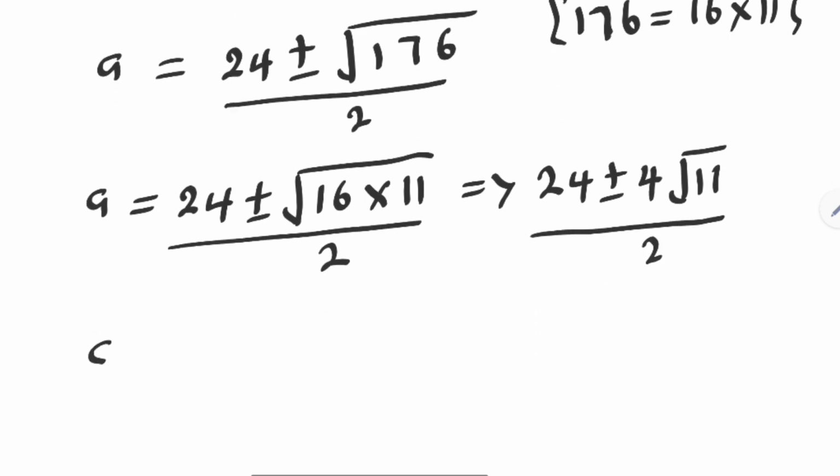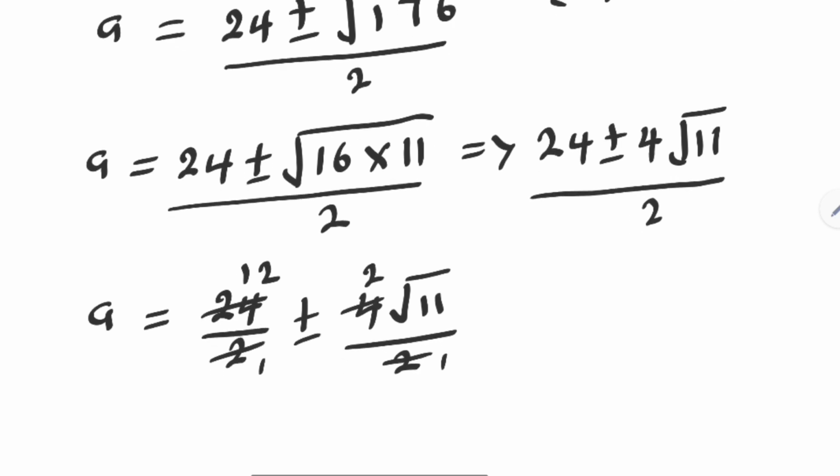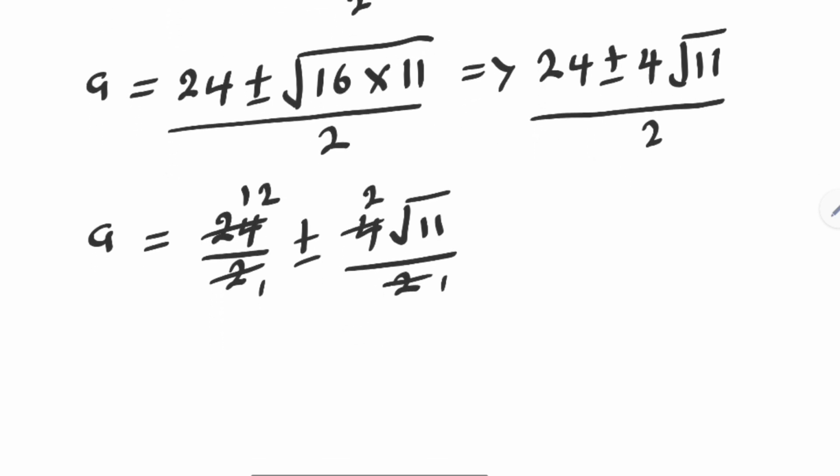A is equal to 24 divided by 2 plus or minus 4 root 11 divided by 2. 2 here 1, 2 here 12, 2 here 1, 2 here 2. A is equal to 12 plus or minus 2 square root of 11.